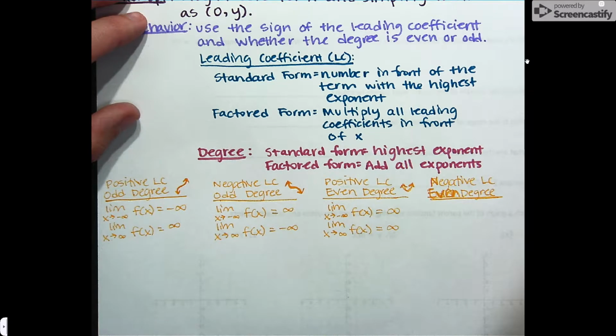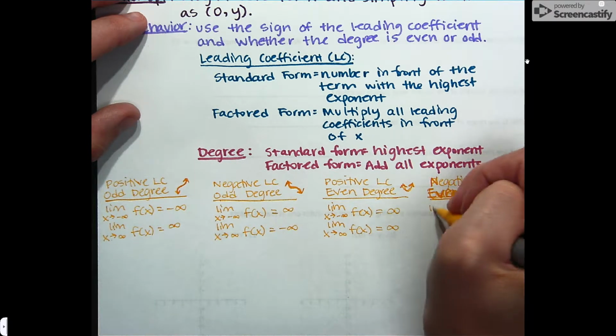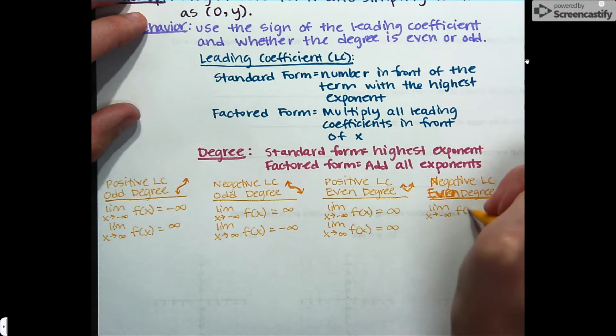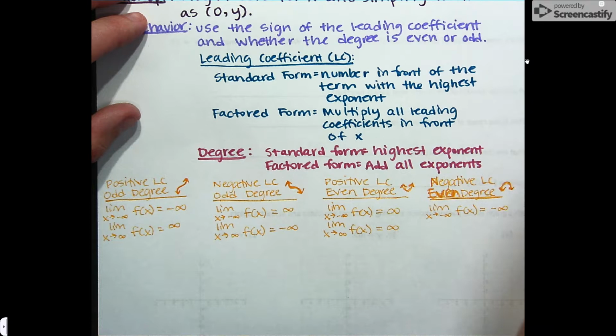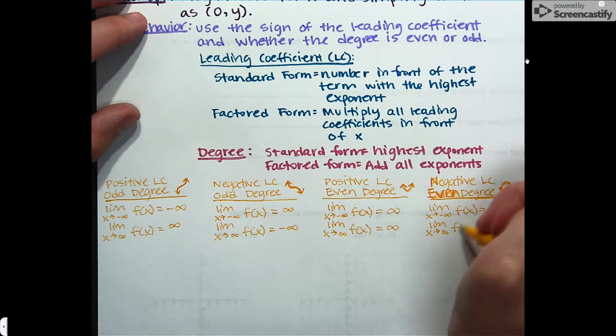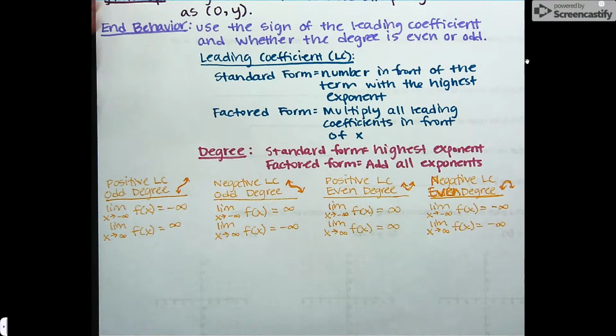So a negative leading coefficient with an even degree, that means that my even degree, which is kind of like a quadratic, 2, 4, 6, 8, negative means that it's reflected over, so now it's facing down. So the limit as x approaches negative infinity of f of x, so as I go to the left, I'm pointing down to negative infinity. And the limit as x approaches positive infinity of f of x, so as I go to the right, the graph is also pointing down.